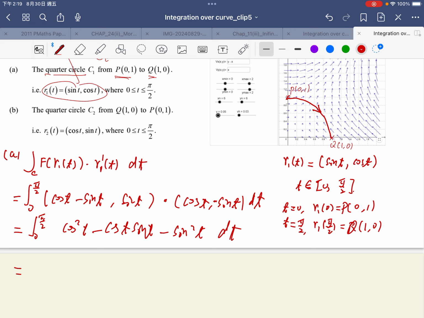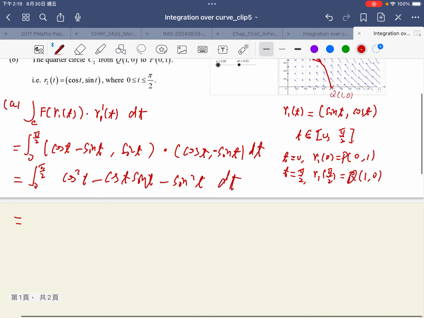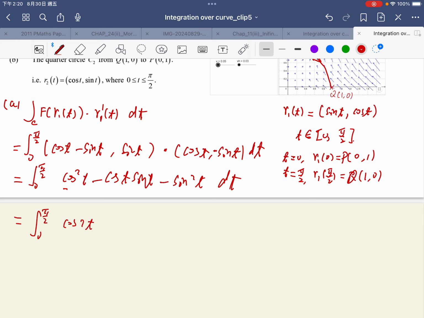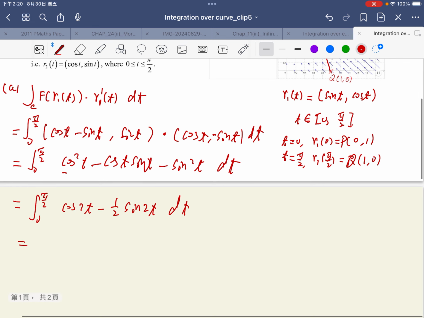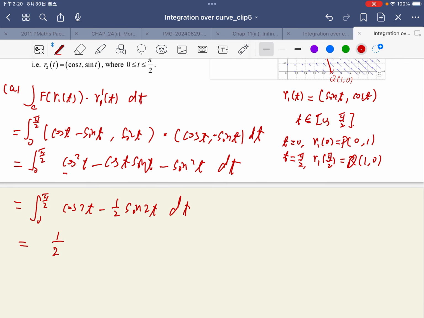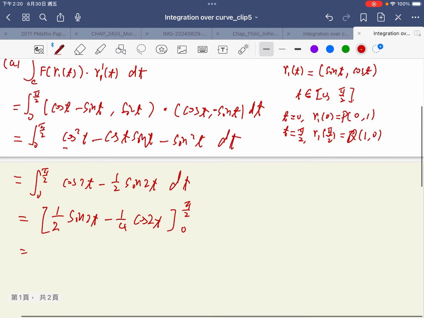And then, cosine squared t minus sine squared t is equal to cosine 2t. Cosine t sine t is equal to 1 over 2 sine 2t. The first one is 1 over 2 sine 2t. The second one is 1 over 4 cosine 2t.